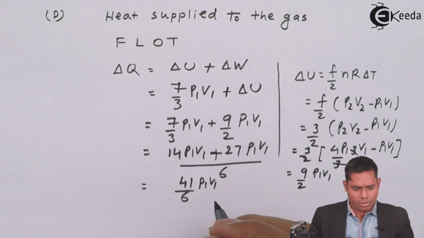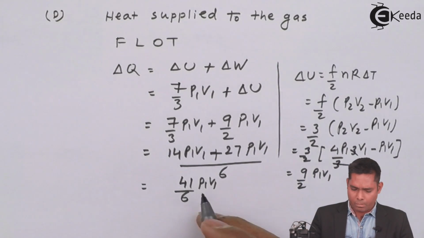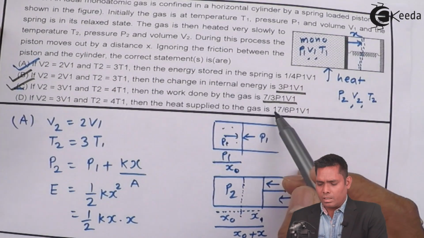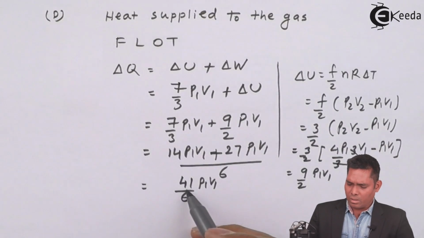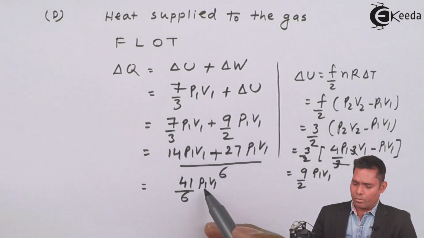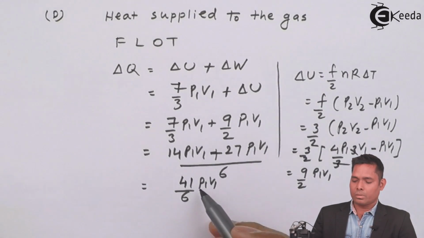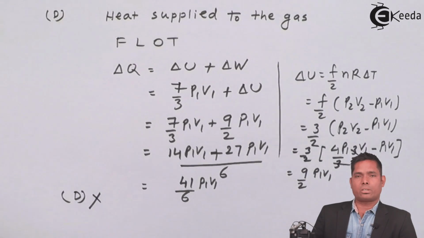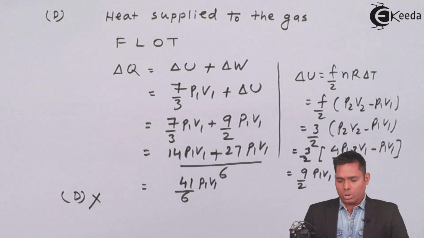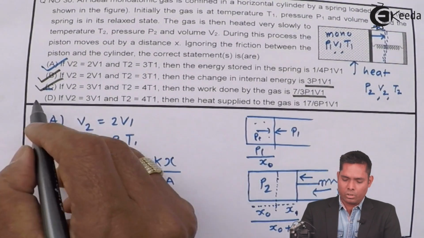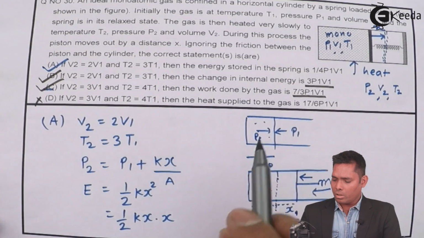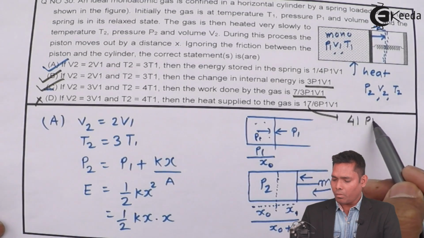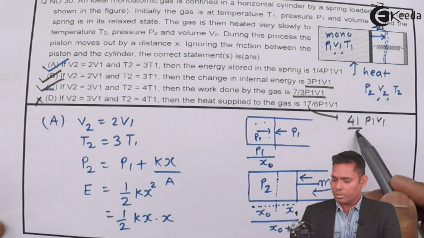This is what I'm actually getting, 41 P1 V1 by 6, and in the question it is given 17 by 6 P1 V1. It is not 17 by 6 P1 V1, it is 41 by 6 P1 V1. So option D is not correct.